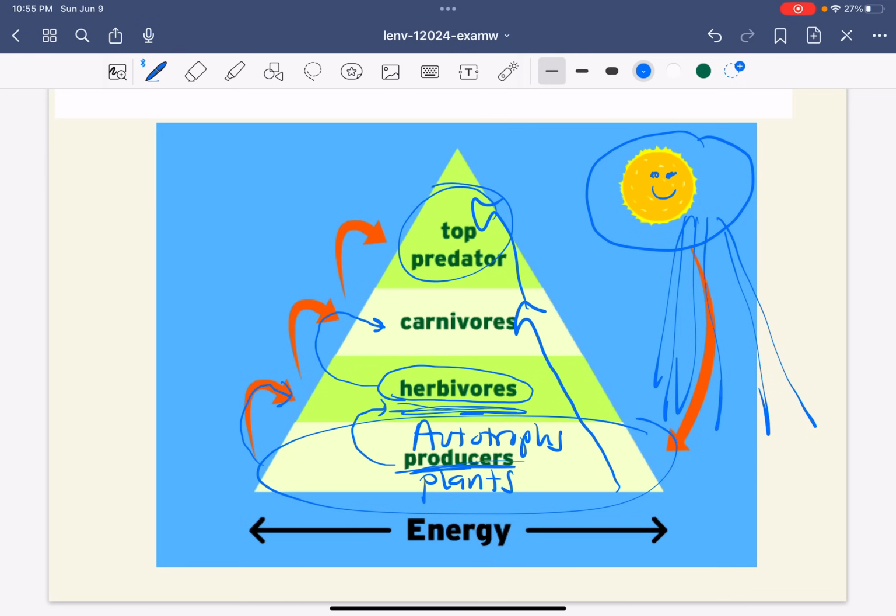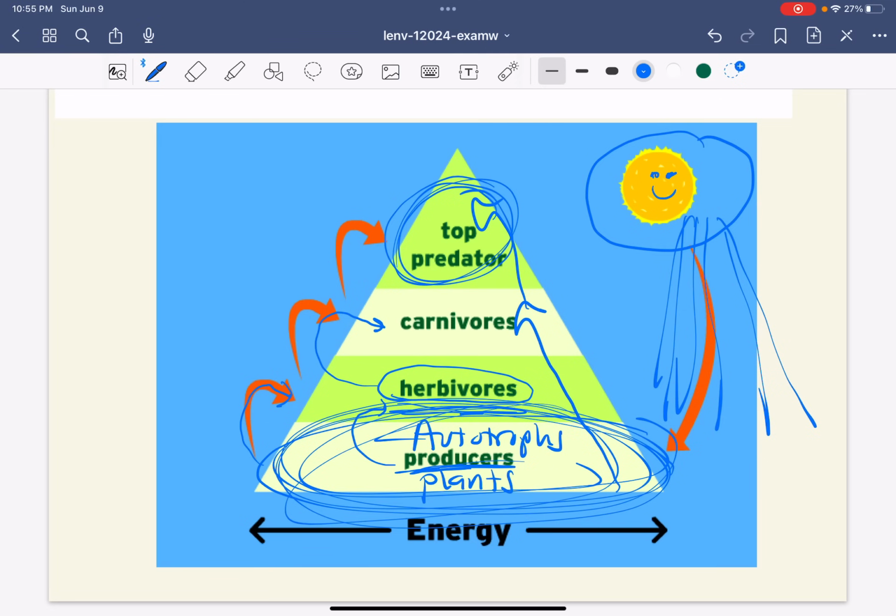When you get to the top of the pyramid, you're going to have lost a large amount of energy in comparison to the beginning, where the energy came mostly from solar energy. So high energy moving up to lower energy, and then you have producers, herbivores, carnivores, and then top predators.